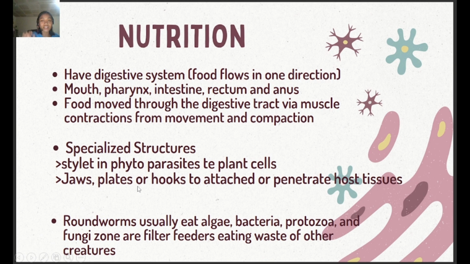And roundworms usually eat algae, bacteria, protozoa, and fungi, and some are filter feeders eating waste of other creatures. So from what they eat, we can tell that roundworms are really dirty and can give us disease, right, because their food is bacteria which is harmful to us humans.